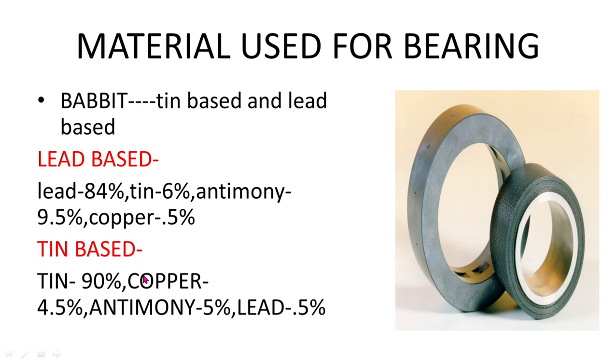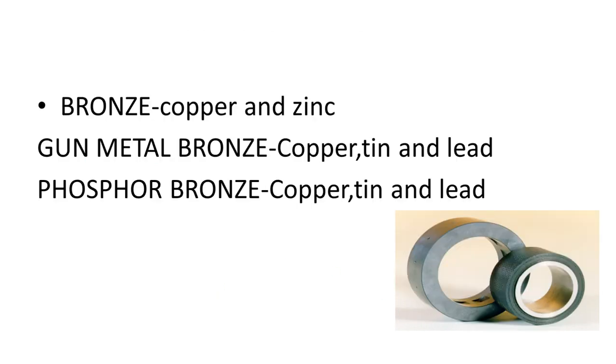So this is all about the Babbitt bearings, and the next is the bronze bearing. Bronze bearings are also used as sliding contact bearings. Bronze is an alloy of copper and zinc, and it comes in two forms, that is gunmetal bronze and phosphor bronze. Gunmetal has copper as the major alloying element, and tin and lead are also present.